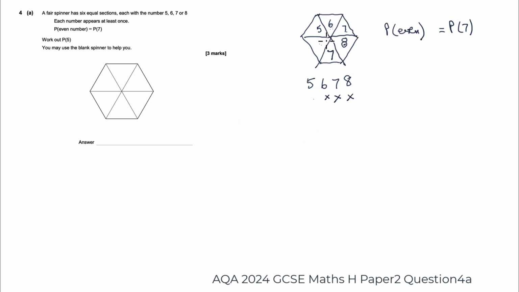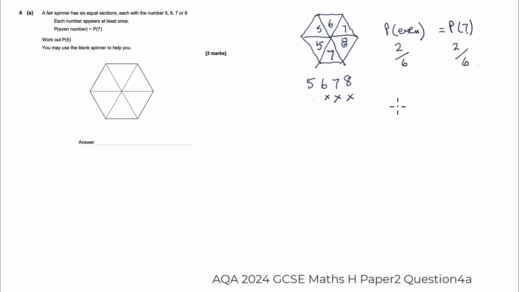Well, that doesn't leave us much choice. That has to be a 5. And let's just check it. The probability of an even number, well, that's only the 6 and the 8, so that's 2 chances out of 6, 2 sixths. And the probability of a 7, 2 chances out of the 6 when it's spun.